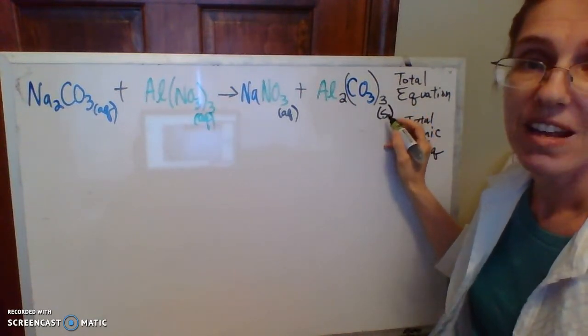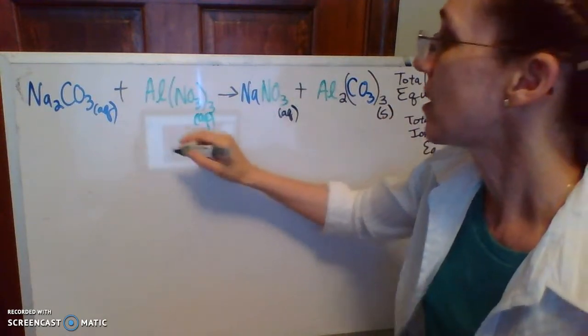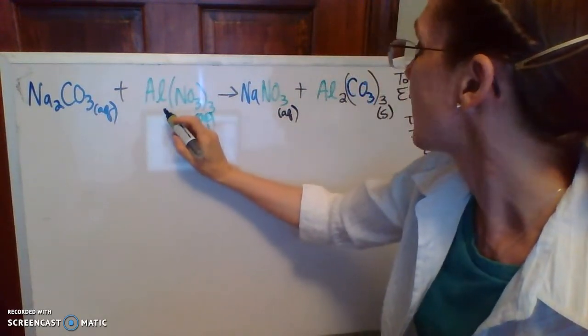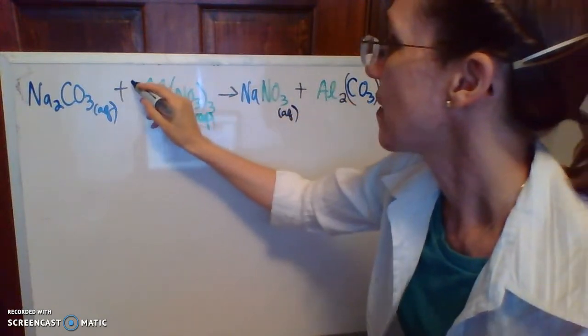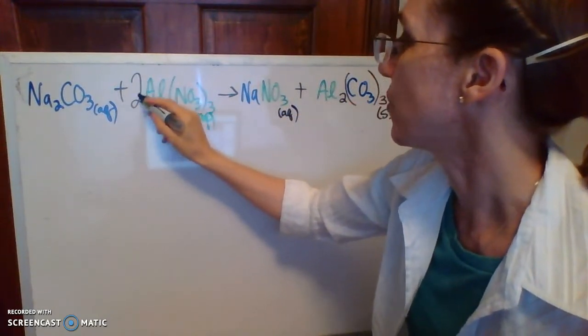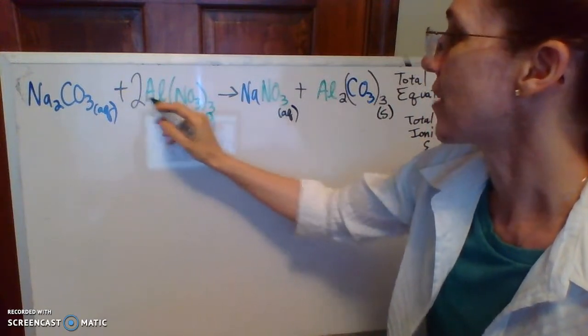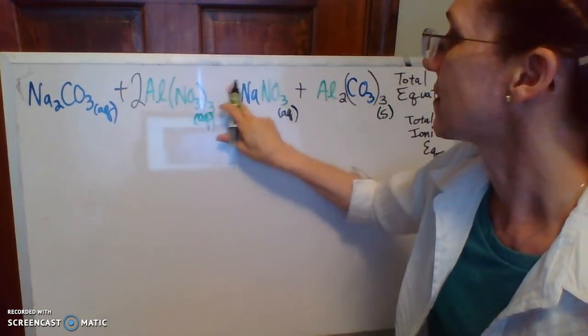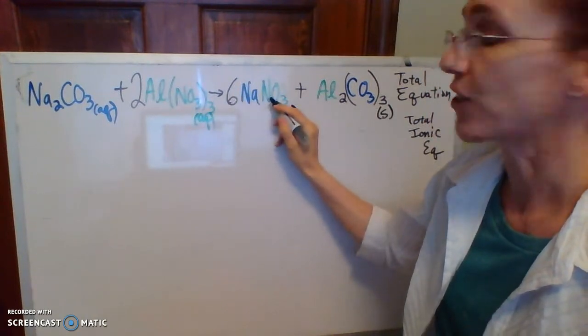Okay. Now we're not quite to the total equation because we have to balance that guy. So we've got 1 aluminum over here, we've got 2 over there. That means we need a coefficient of 2. 2 aluminums, 2 aluminums. Now we have 6 nitrates, which means we need 6 of the nitrates over here.